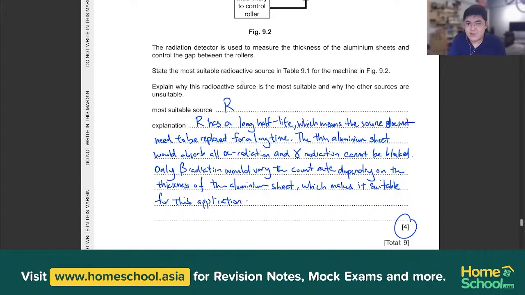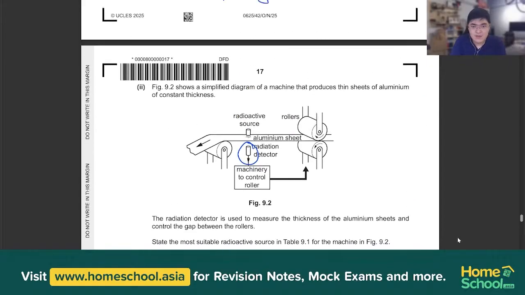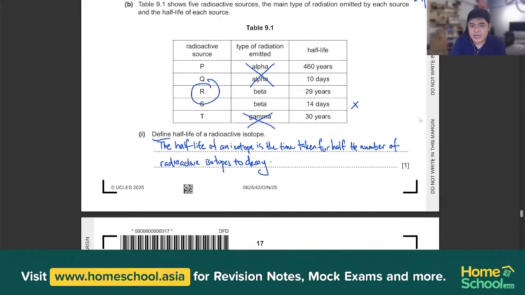And now we also need to explain why beta is the most suitable, because only beta radiation would vary the count rate, and this depends on the thickness of the aluminum sheet. And as for source R or source S, as explained before, source S has a very short half-life of 14 days compared to source R of 29 years.